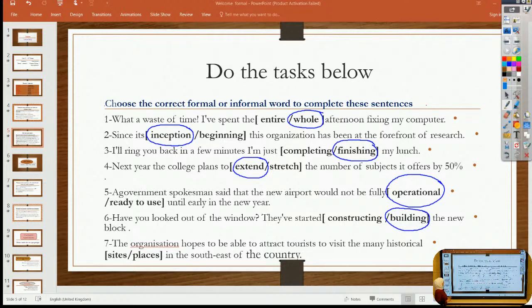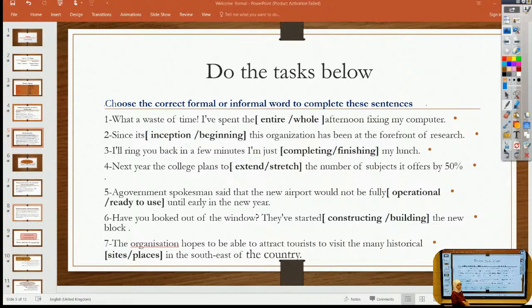Last one, 7, the organization hopes, so here I think it's formal, hopes to be able to attract tourists to visit the many historical sites or places in the southeast of the country. So here, sites, the correct answer. So by this, we have finished formal and informal words.